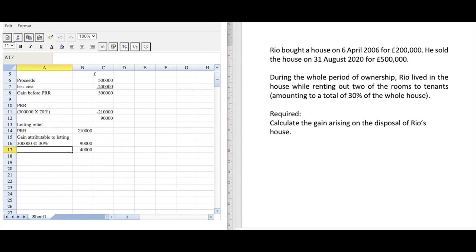Because that is the maximum amount of letting relief that you can ever get. You can't get more than 40,000 as a deduction. So it's the lower of these three figures. So the lower of the three figures is the 40,000. So we're going to deduct 40,000 from the 90,000 to get a final gain figure then for this property of £50,000.